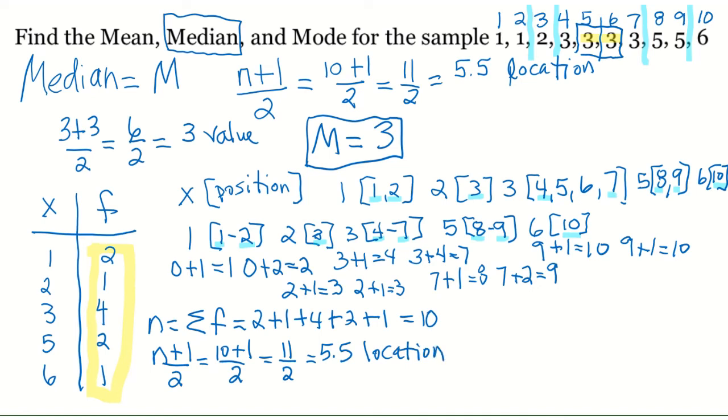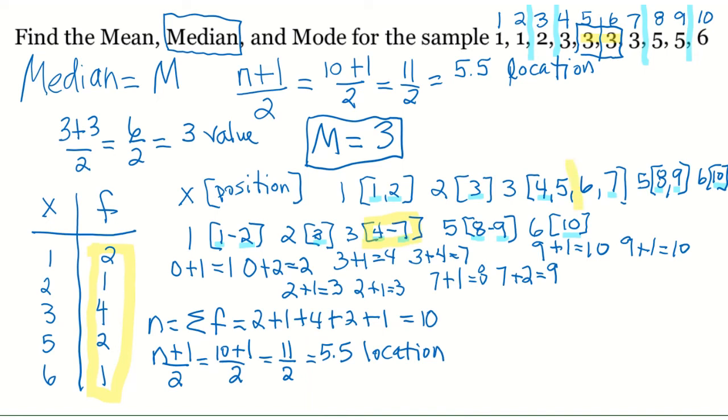So I want to know out of these boxes, which box is going to contain this number 5.5. So I know that 5.5 is going to be right here.